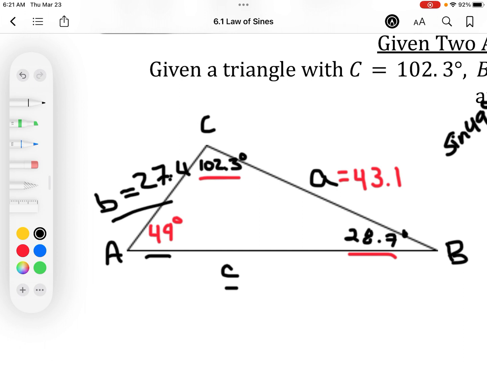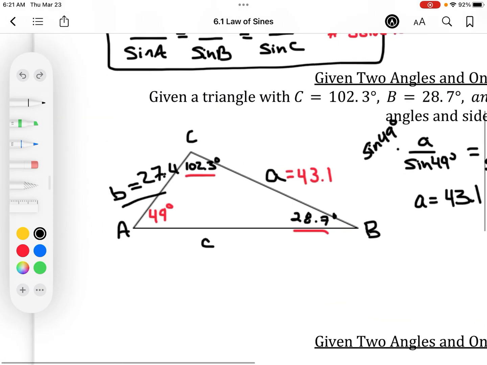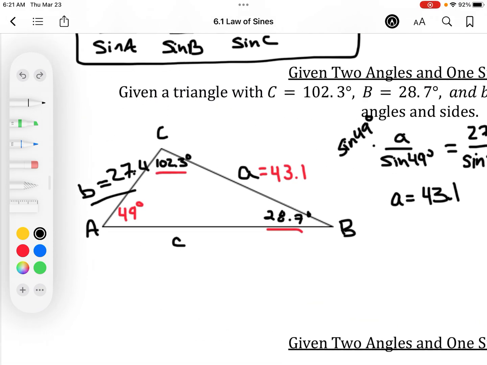But even if you got one of these wrong, well, I guess you could get one right and one wrong, but if you got one or both of those wrong, that's going to affect your answer for finding side length C. So the safest bet is to just use the given information.